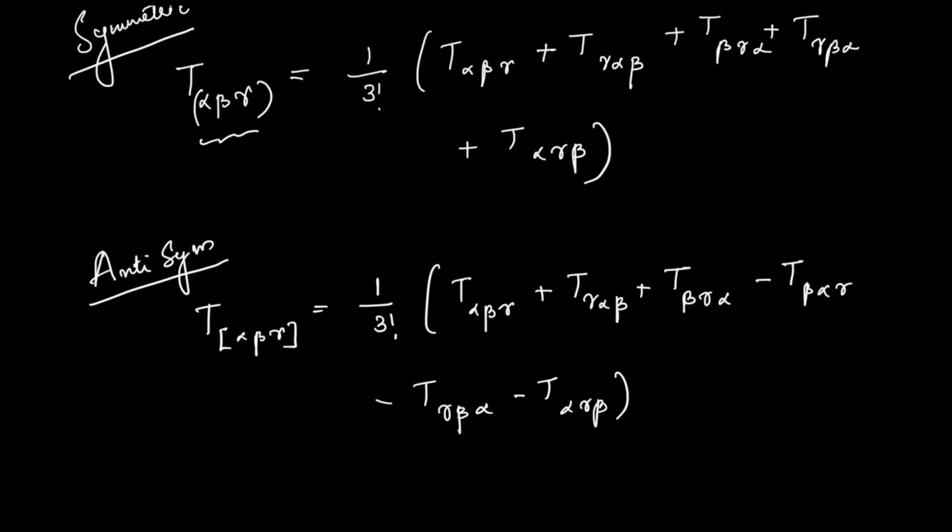Okay, so the tensor is completely antisymmetric under interchange of any of its three indices. Okay, fine.